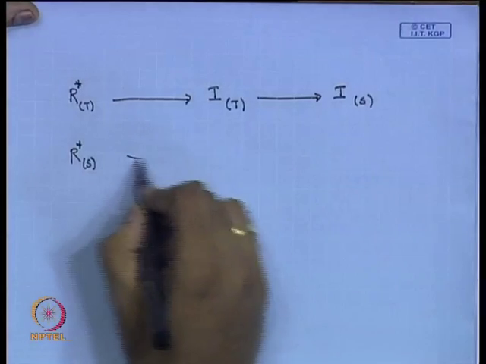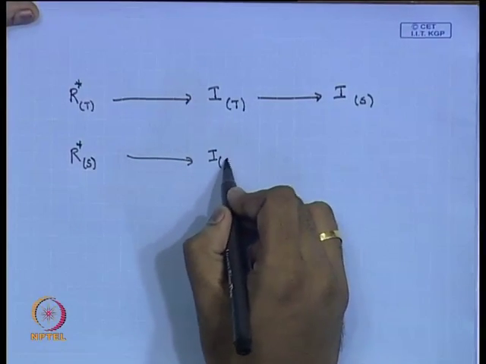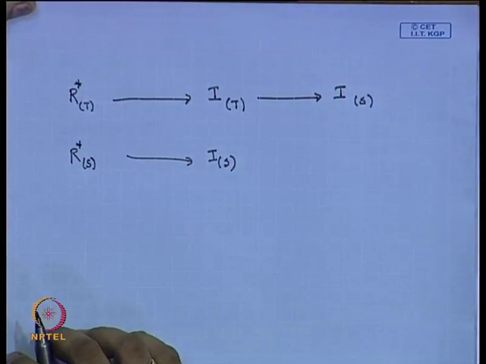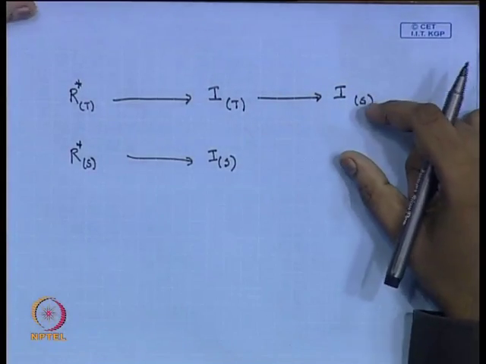In that case, you can directly get your intermediate of singlet. That is why I said that the spin of your intermediate most of the time is the same as the spin of your excited state reactant. Clear? So, these are the points which you have to remember when you move from R to I.